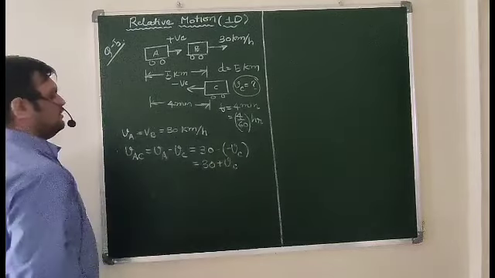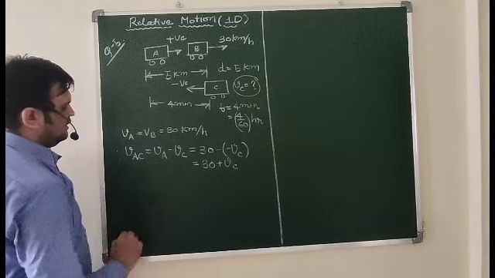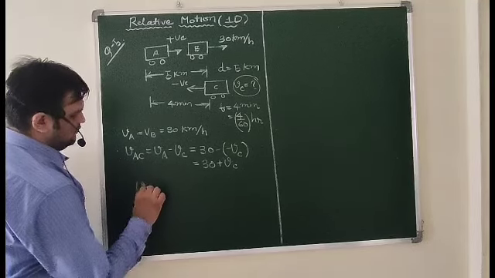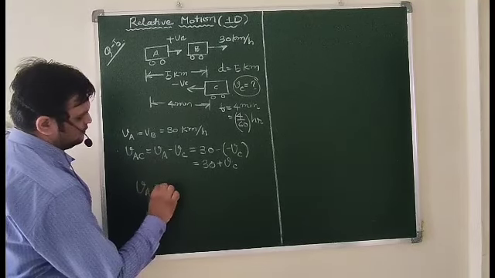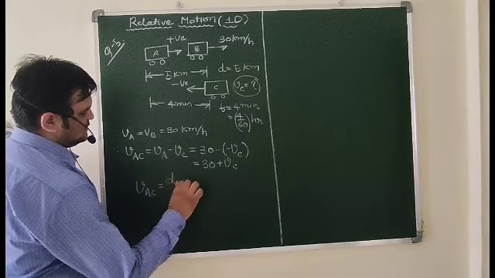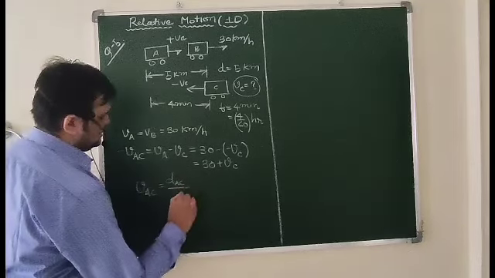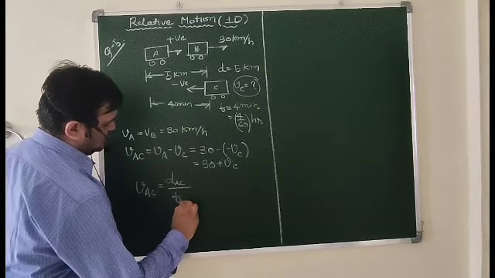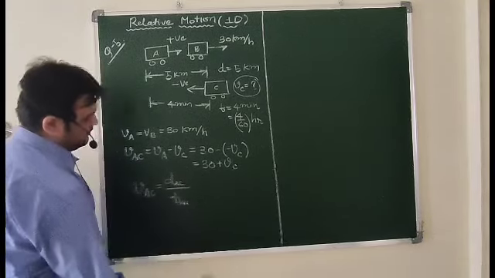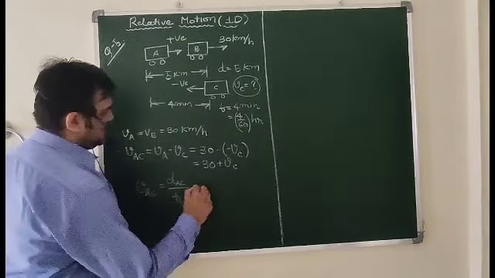Now we have to find out the time. So the relative velocity of car A with respect to car C, VAC, is equal to DAC, that means the relative distance between A and C, divided by TAC, time. So distance divided by time.